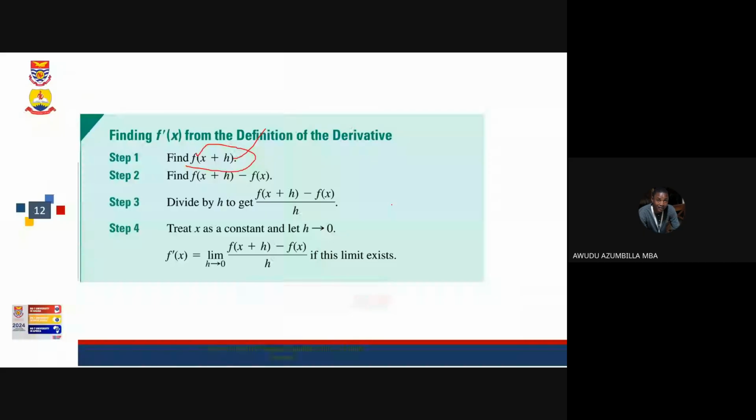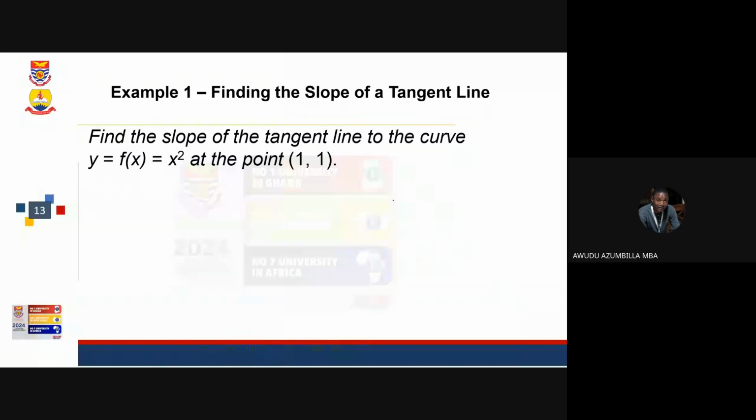Okay, so let's look at an example and see how we are going to do it. Here we are saying that f of x is equal to x squared. Now we are using the formula f of x plus h minus f of x, all over h.